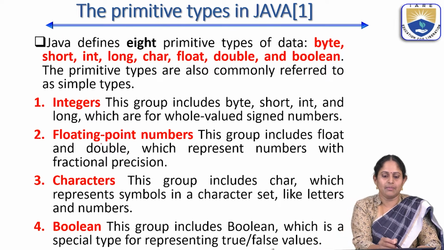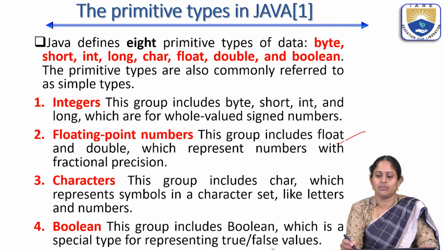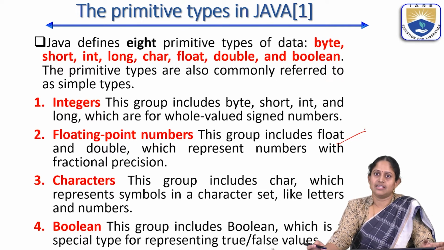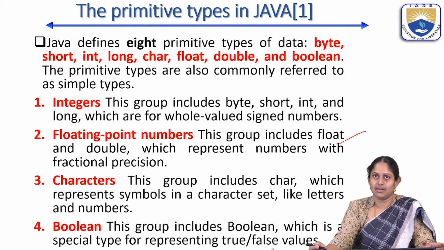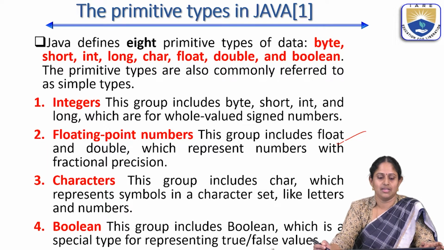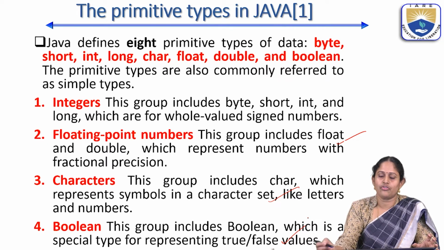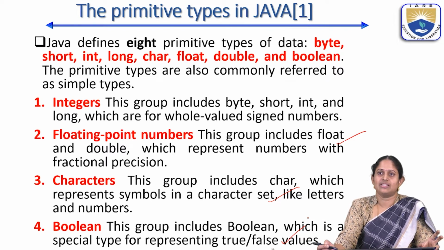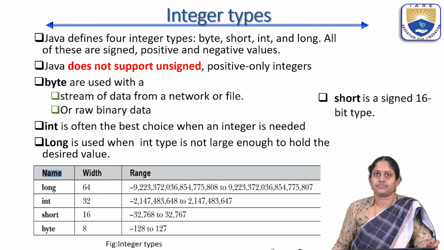Floating point numbers make use of float and double, which are used to store elements with a decimal or fractional part. The character type is used to store characters and symbols, and to store true or false values we use Boolean. This Boolean includes only true or false; only these two values are supported.